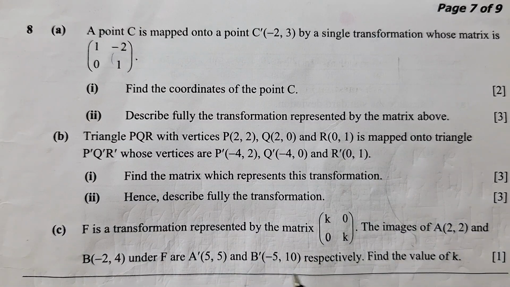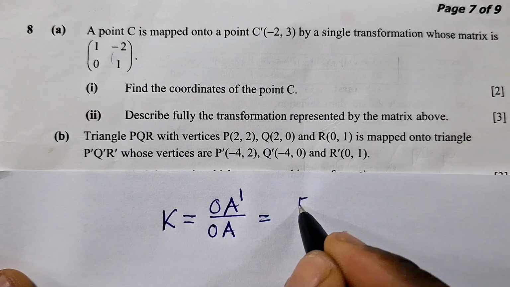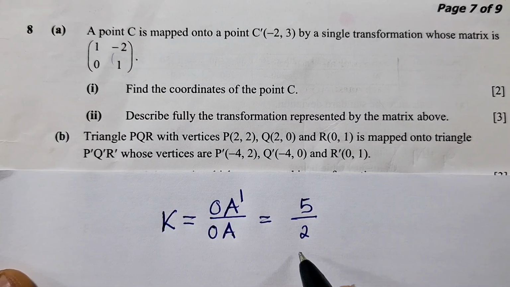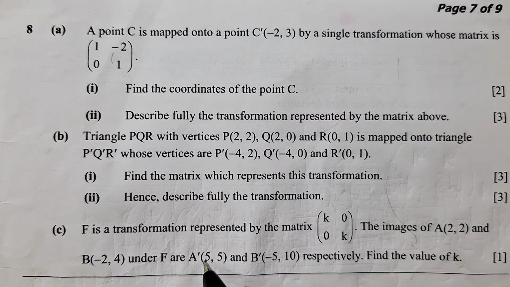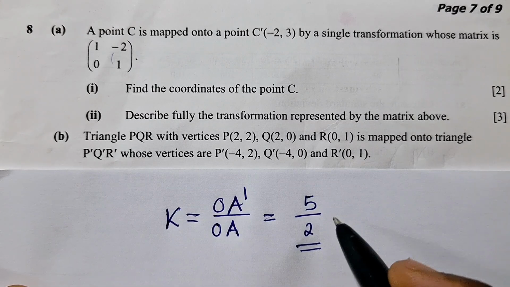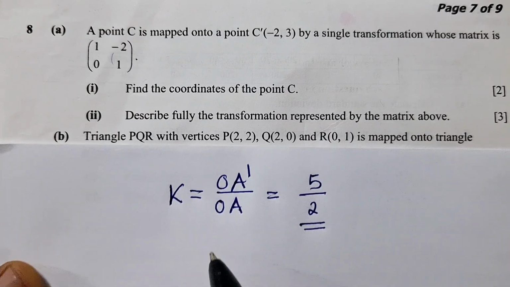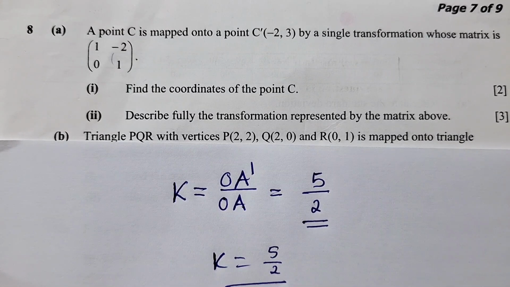So what is our OA prime? It's this one. So we shall say 5 over a 2. So just pick the x-axis here over the x-axis right here. And this is our scale, or the value of k, which is a 5 over a 2 right over here.